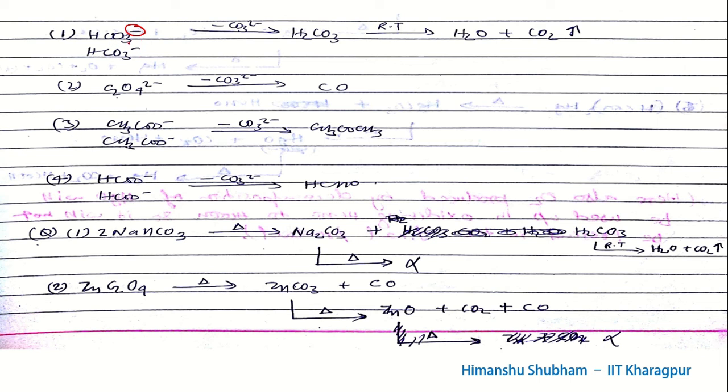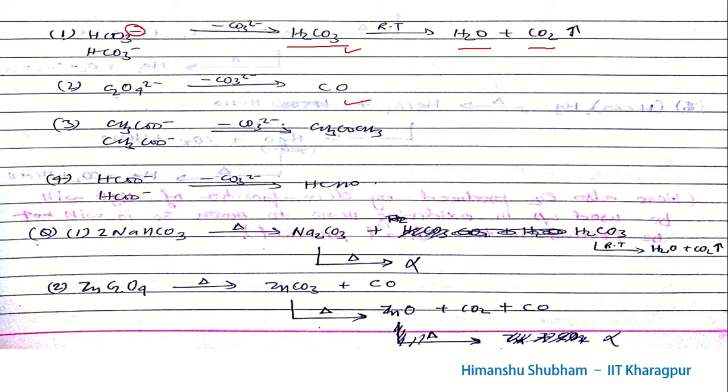Subtracting CO3 2 minus from 2 HCO3 minus, we get H2CO3, and we know that H2CO3 is unstable and at room temperature it decomposes into H2O and CO2. Next, if we subtract CO3 2 minus from C2O4 2 minus, then we get carbon monoxide.